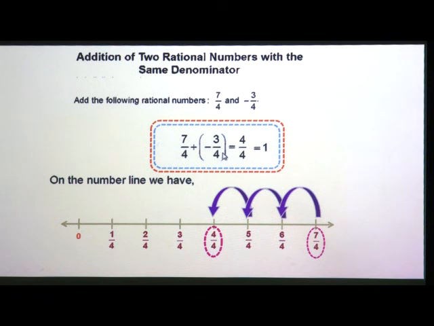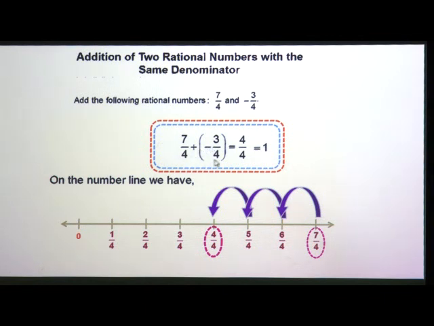Now, by having the same denominator, it is easy to do any operation, that is addition or subtraction. Now, you are very familiar with integers. Here plus into minus is always a minus.